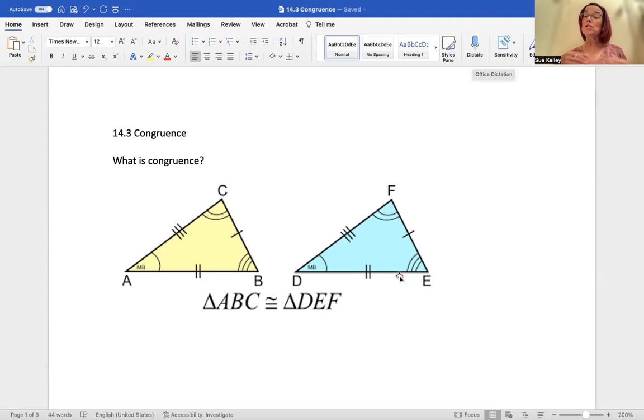So in addition to the geometric perspective of congruence, matching parts, I also want to give you a more formal definition of congruence using some of the same topics that we've been talking about in terms of transformations of shapes.